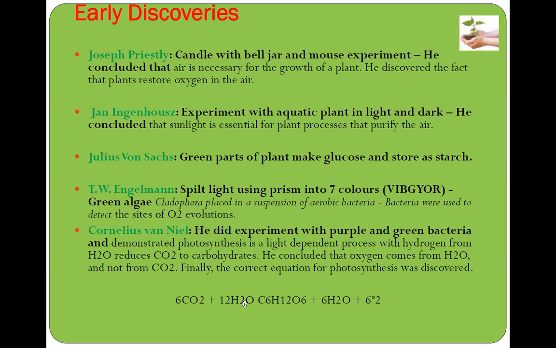So here also you can see that 12 oxygen is there, and here also 12, that comes to 24. Here 6 oxygen is already there, right? This 6 oxygen, this 6 oxygen, that comes to 12, and here the 6 into 2 comes to 12, that is totally 24 oxygen atoms, right? So this way the whole equation was balanced, and this was discovered by Cornelius Van Niel.